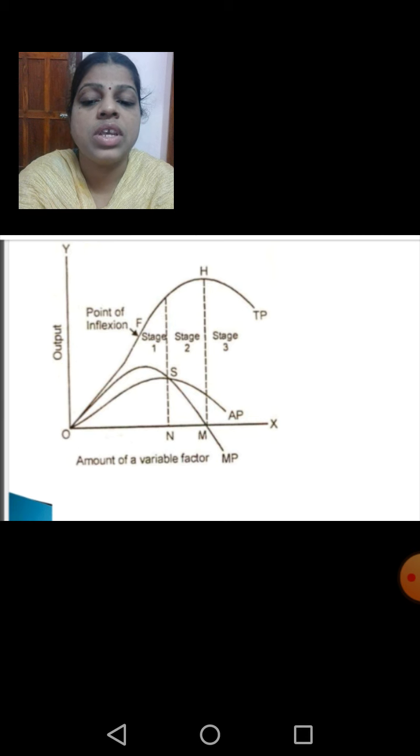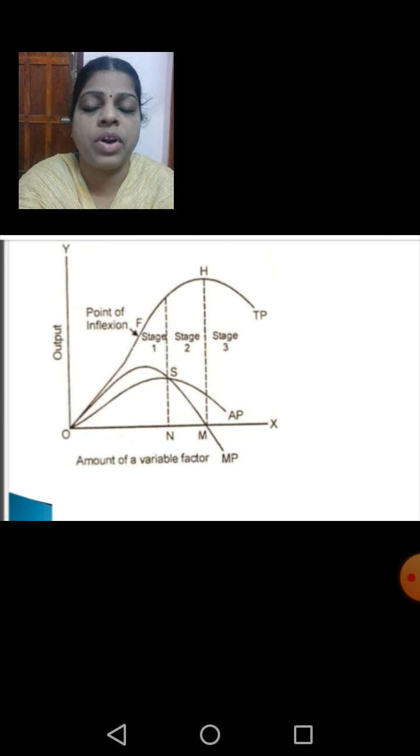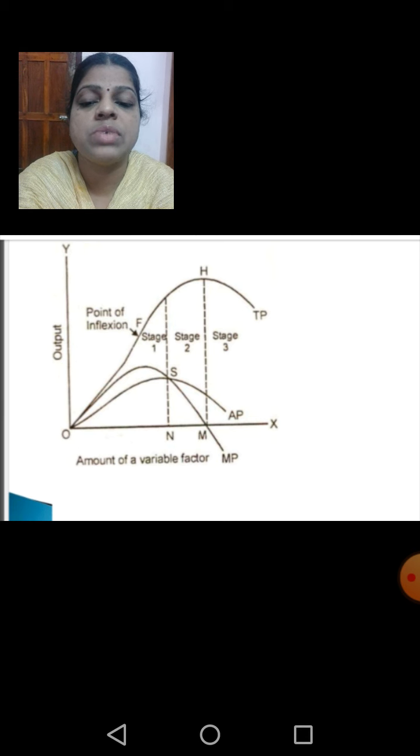So on the Y axis it is depicted output, that is the final product, and on the OX axis, the amount of a variable factor is depicted. And here we can see the relationship between the AP and MP. The above curve is TP, let it be there.